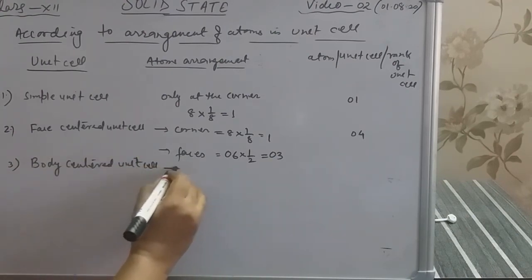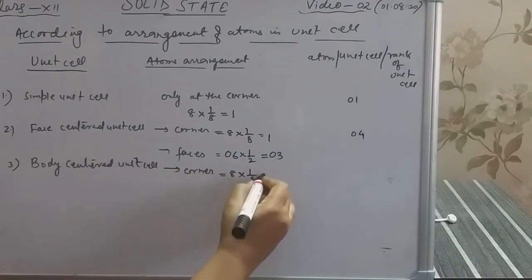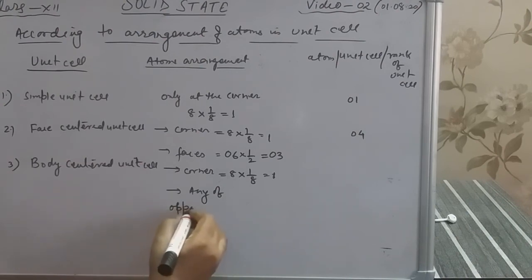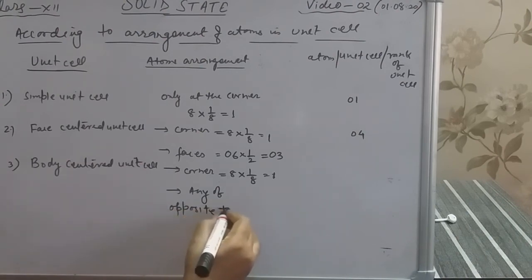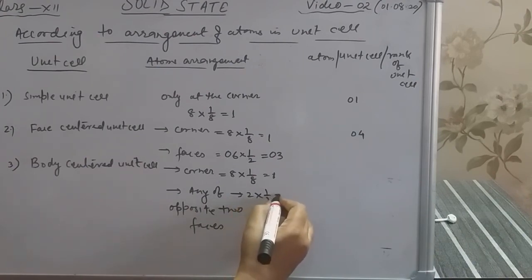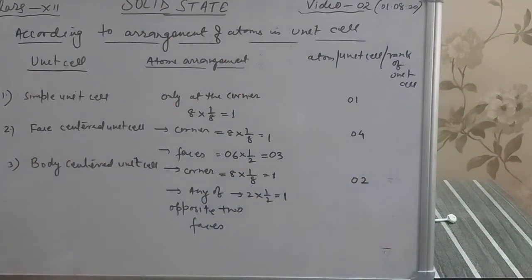The body centered unit cell has corners 8 into 1 by 8, only one atom, and the body center 1. So the number of atoms, or rank of the unit cell, is 2.